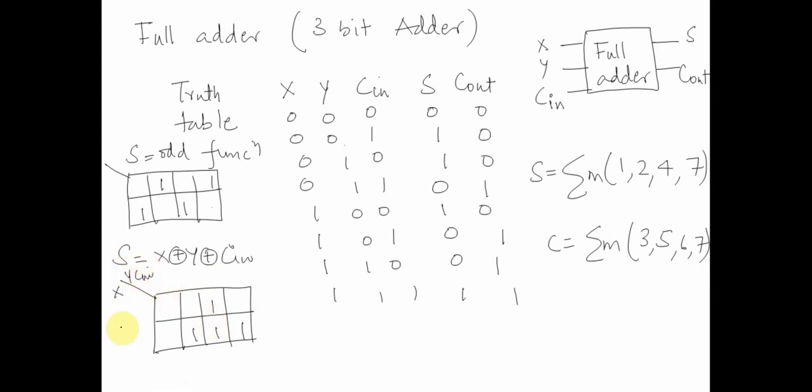If you do a circuit minimization over here, what all possible combinations can we have? This, this, and this. So my carry out is equal to what? This particular term is y into c. This term would be x into c, plus this term would be x into y.